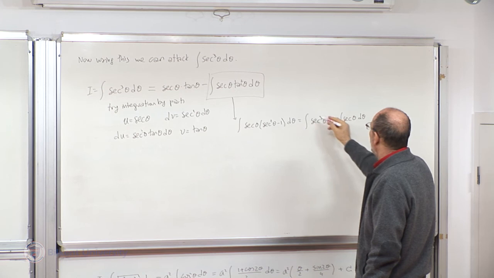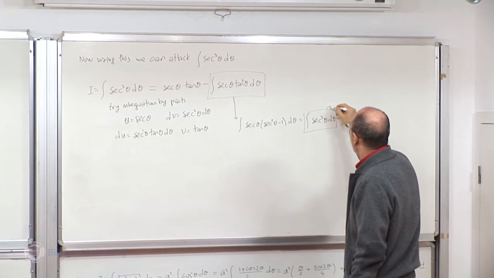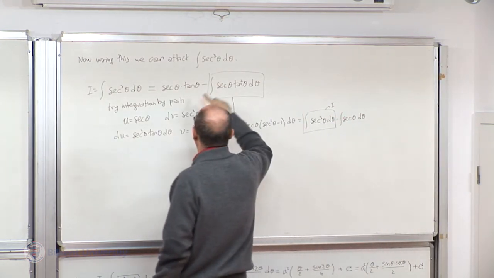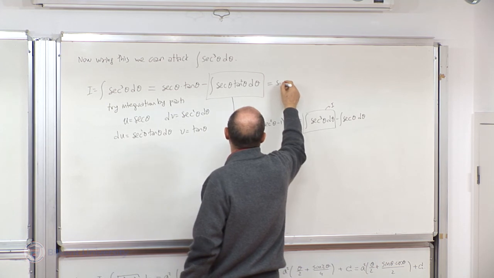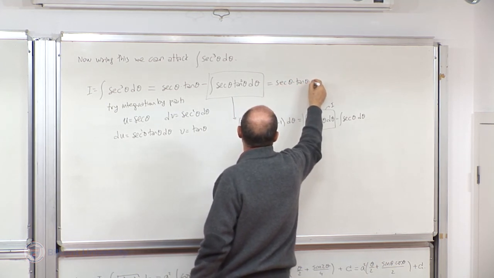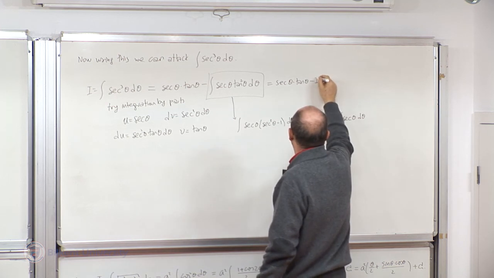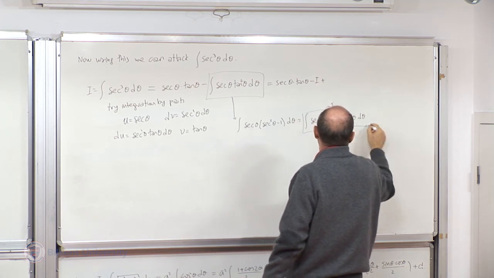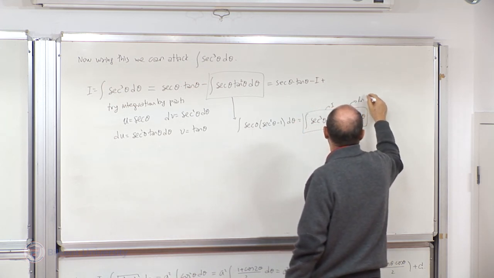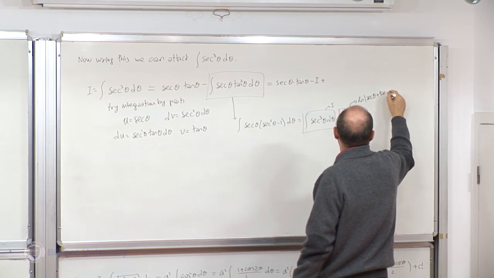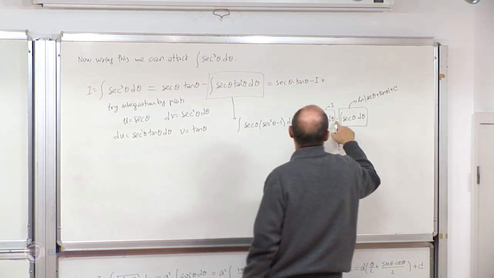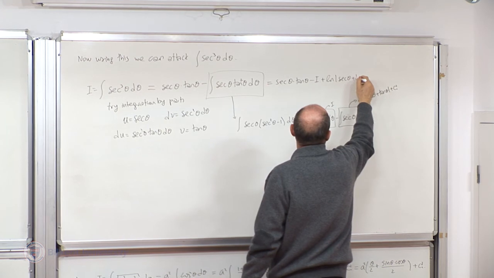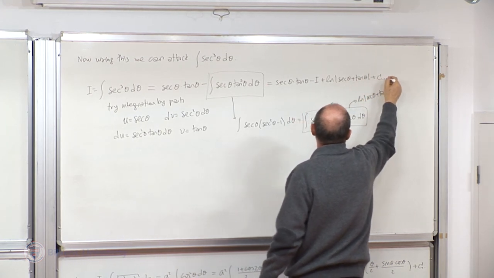I know this one, I called I. So what we have here is secant theta tangent theta minus I, and plus the integral of secant theta d theta. This thing we know, it is ln of secant theta plus tangent theta plus a constant. So this comes with a plus sign, ln of secant theta plus tangent theta plus an integration constant.